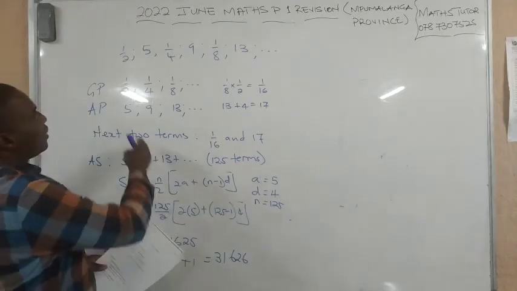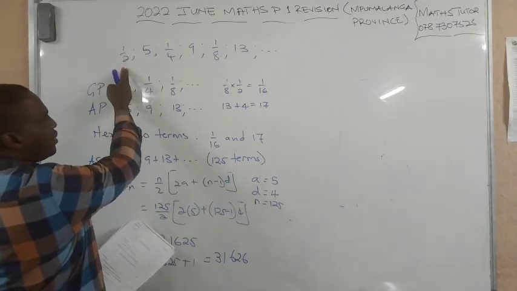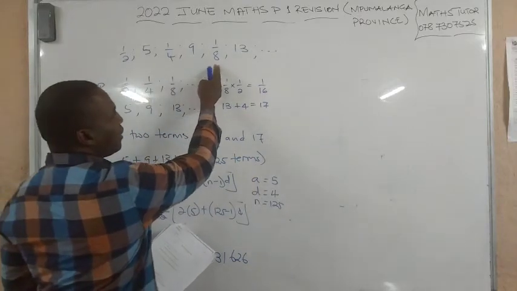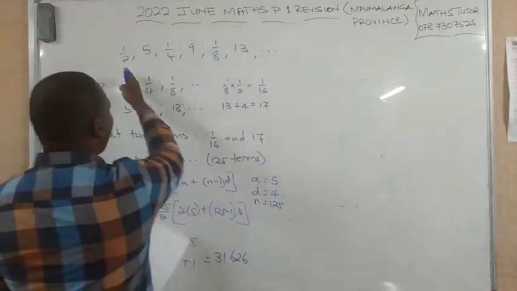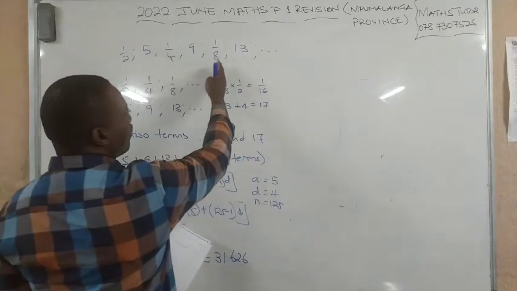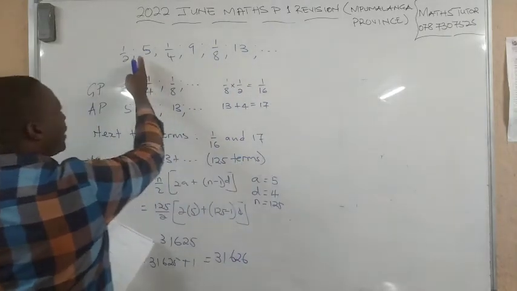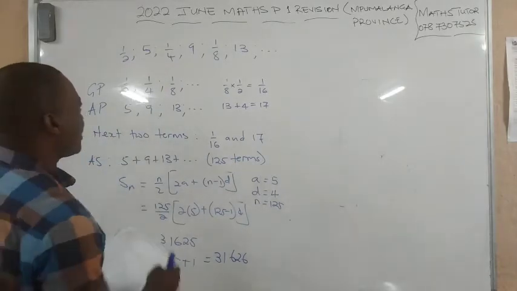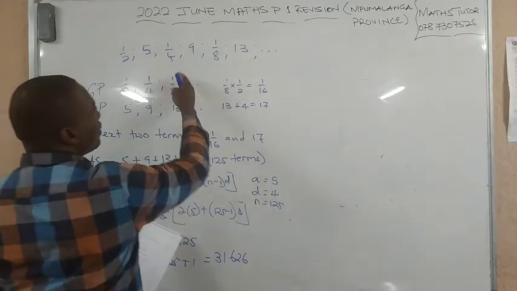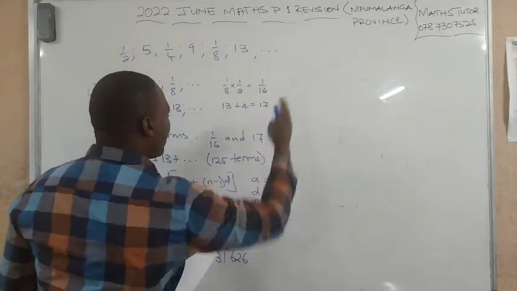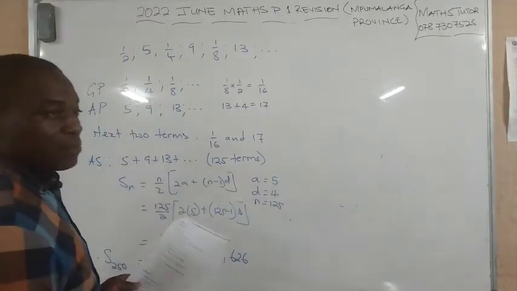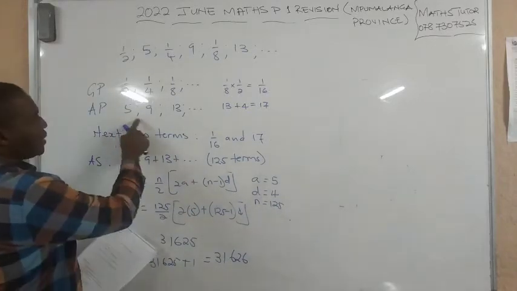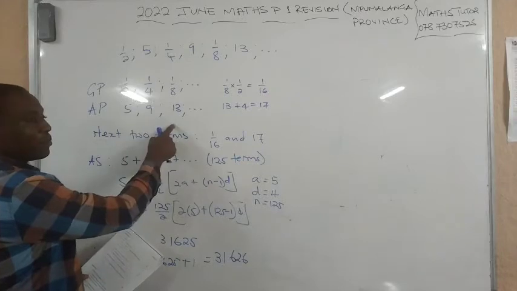If we check, the geometric progression is occupying the odd positions 1, 3, 5, and so forth. And then the even positions are taken by the arithmetic terms. That is the second, the fourth, the sixth, going like that. That means the 80th position will be taken by the arithmetic. So it means it's a term from the arithmetic progression.